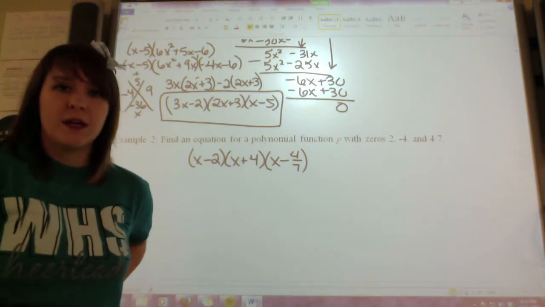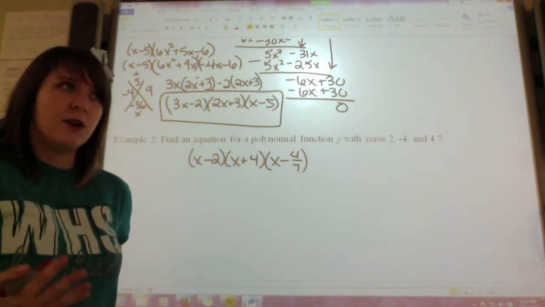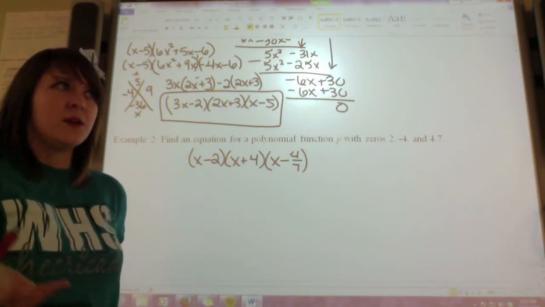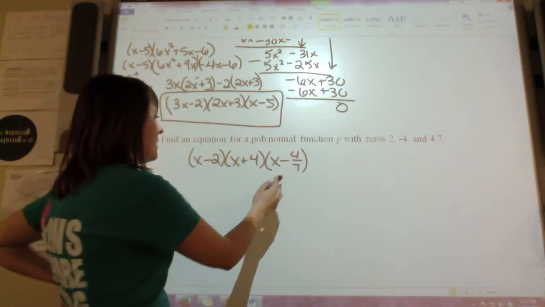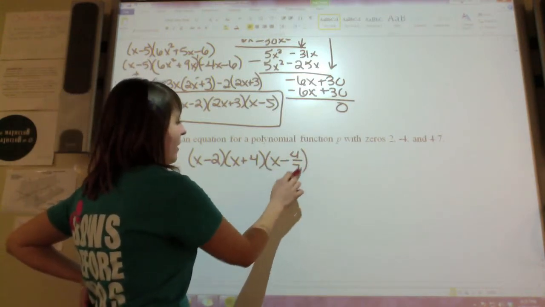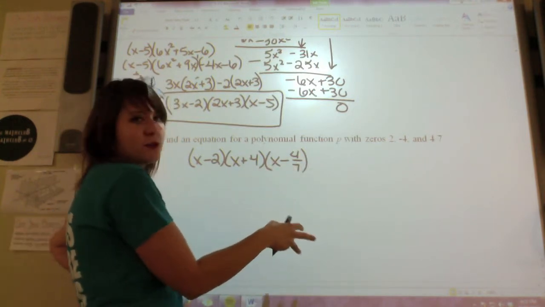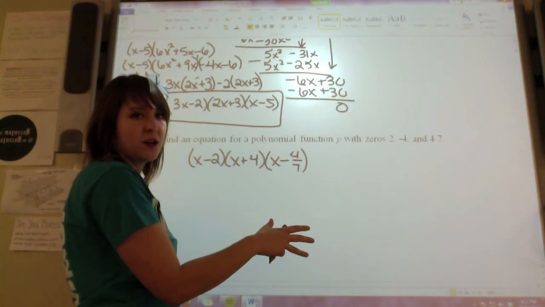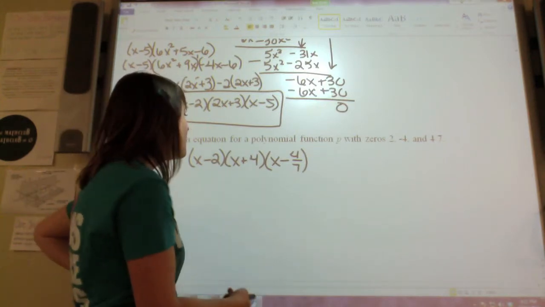Okay, the problem is that when you have a function like this, there's a lot of ways that you could get the same zeros. So what we like to do is we like to think about these fractions here. We like to change them so they're not fractions anymore, because it's kind of icky to deal with fractions, especially if you're going to multiply this all out again.